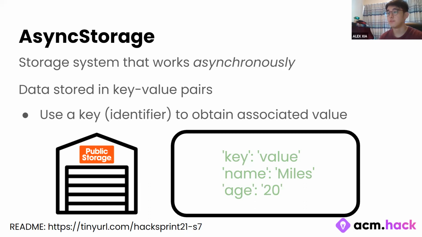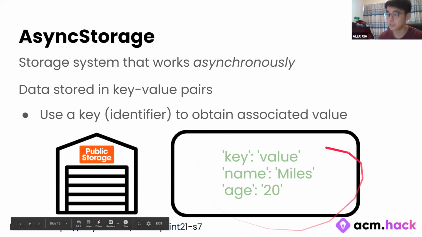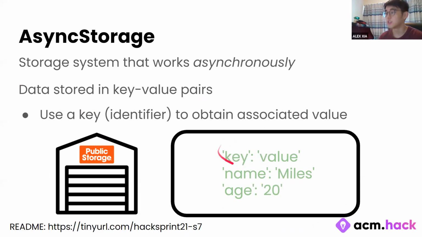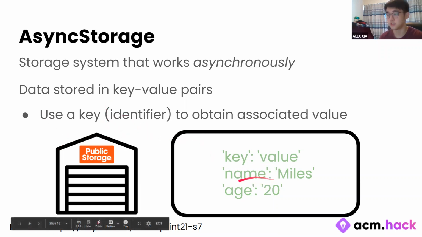If you store your data in your public storage, and then you leave and do other things, you close the app, you leave the country, and then you come back, you would expect your data to still be there. Async storage stores data in key value pairs, which means there's a key which associates to a value. You can use a key, often called an identifier, to obtain its associated value.